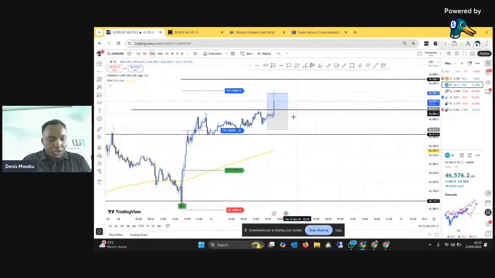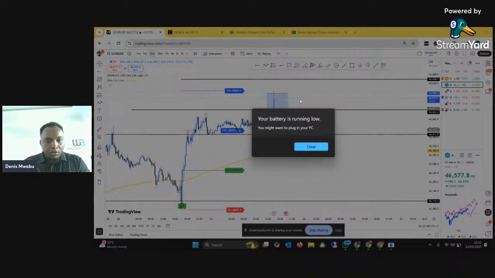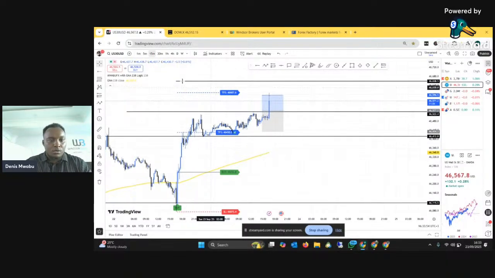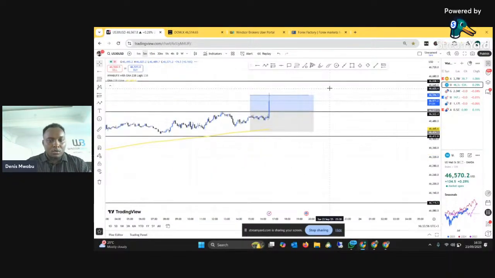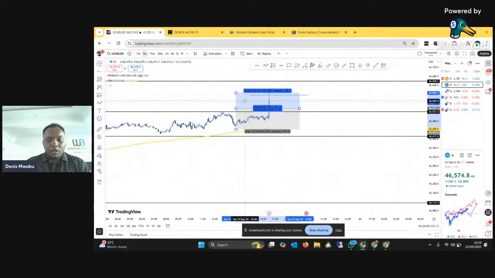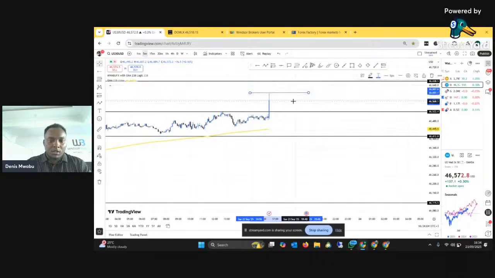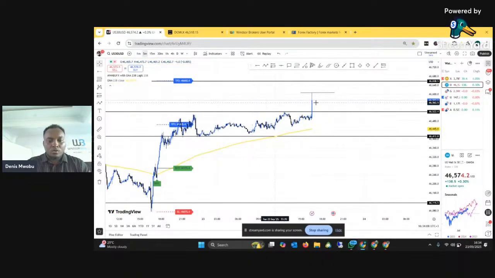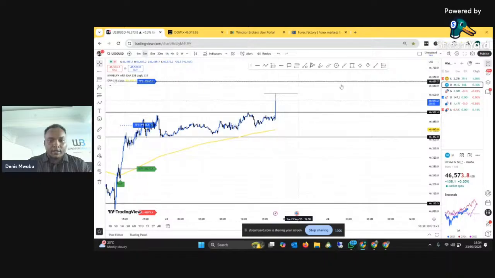Okay, this was pushed up at 4:30. So let's see this 5 minutes candle. It's definitely going to close. Let's just be patient. Sometimes this thing can make your adrenaline go haywire.